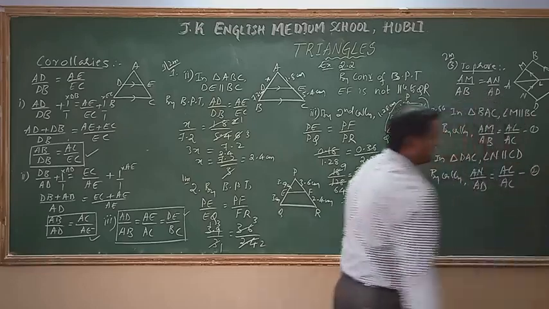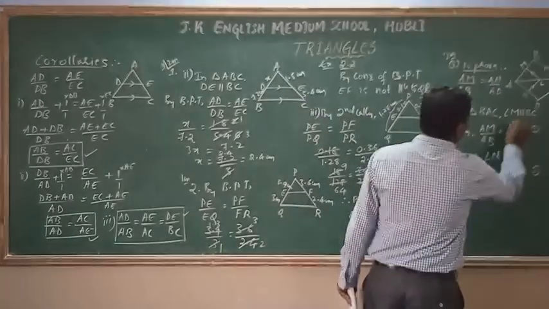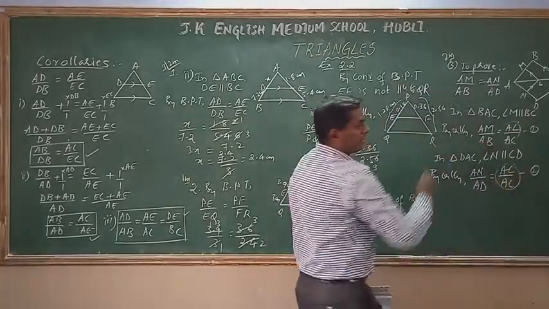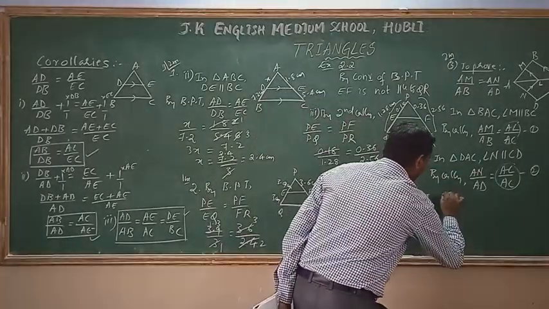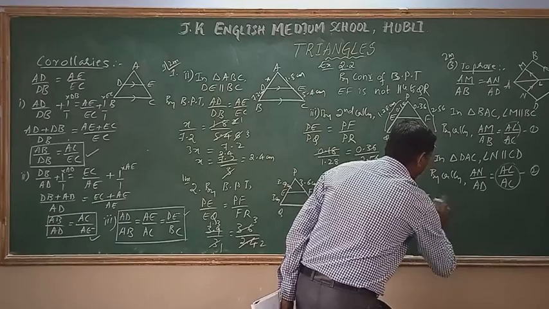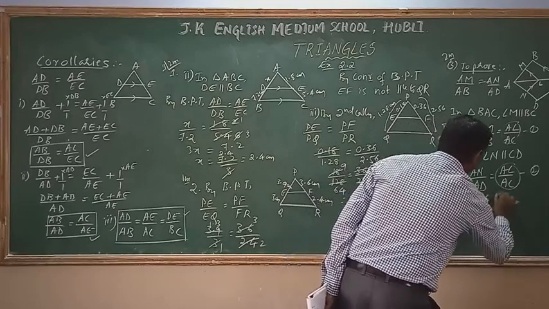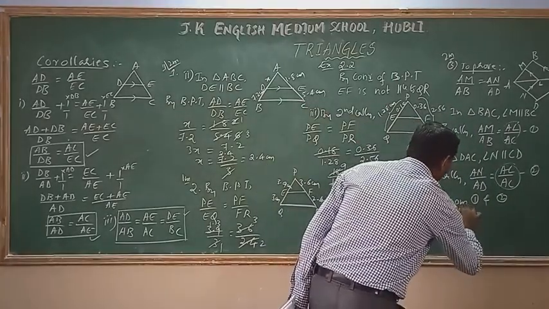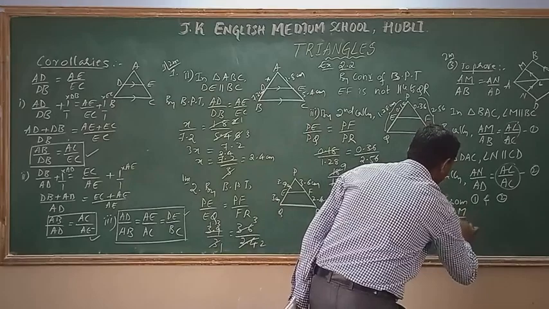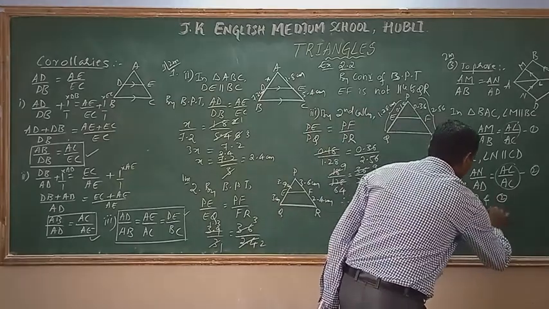This is my equation 2. By comparing equations 1 and 2, these both are equal, so therefore AM upon AB is equal to AN upon AD. From 1 and 2 we can conclude that AM upon AB is equal to AN upon AD.